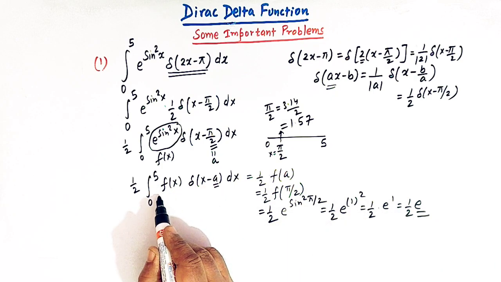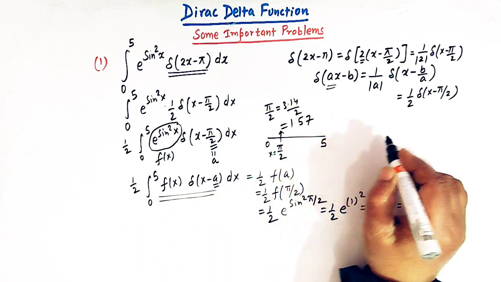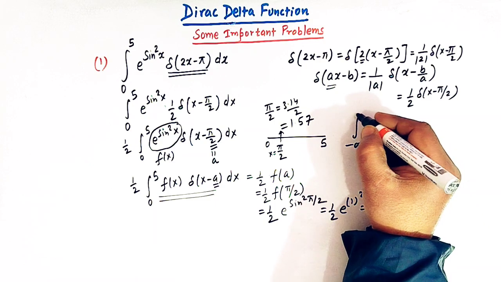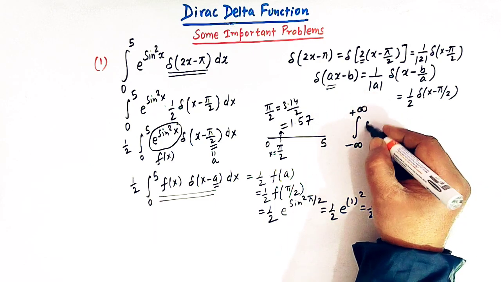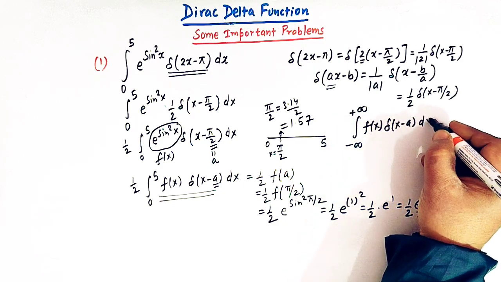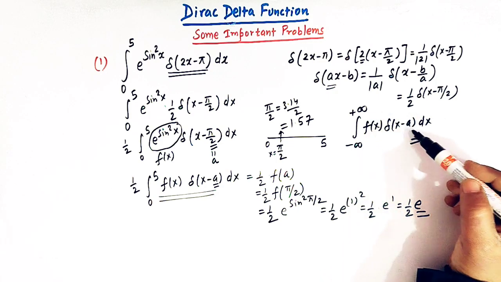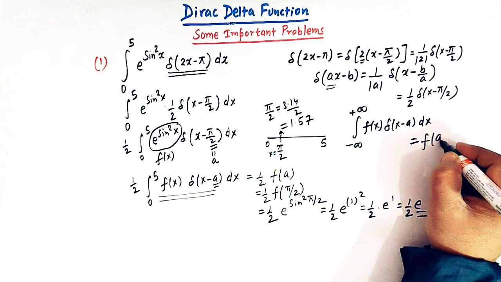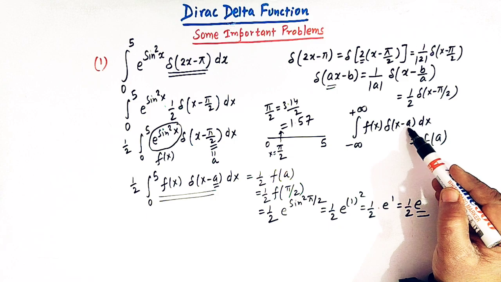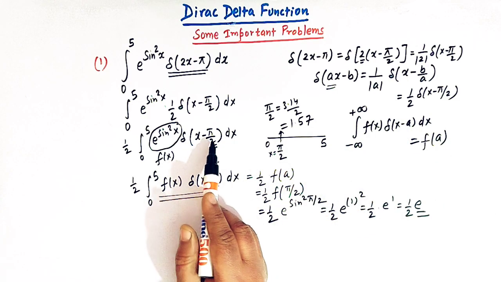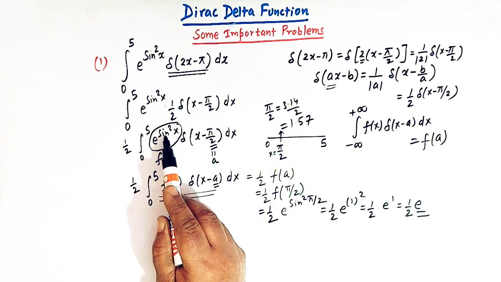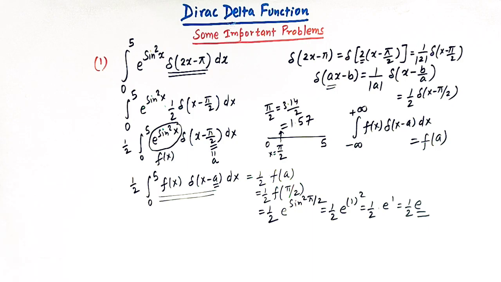And here we have used an important property of the Dirac delta function, that is the integral from minus infinity to positive infinity of f of x delta of x minus a dx is equal to f of a, the value of the function f of x at this point a. Here our point a is pi by 2, and f of x is e raised to sine square x.